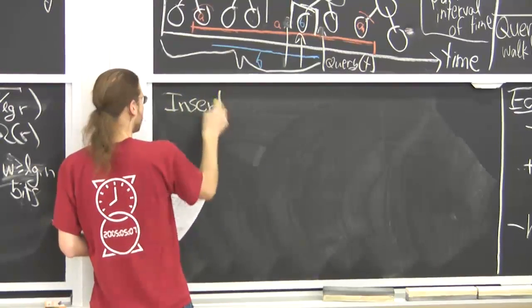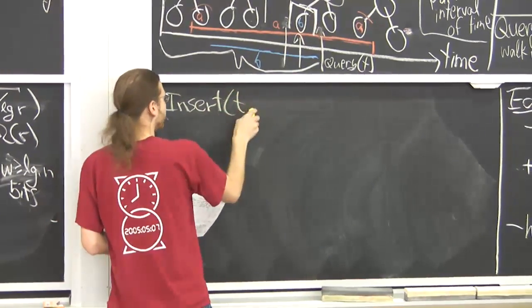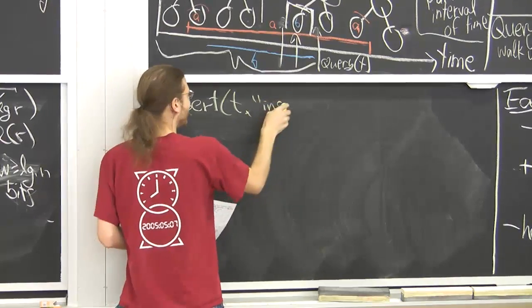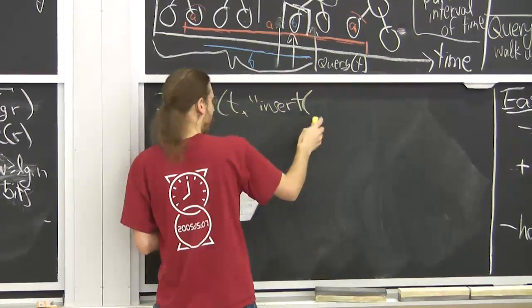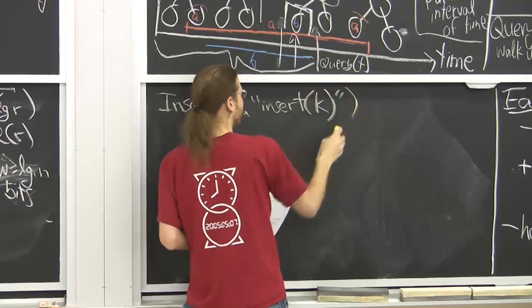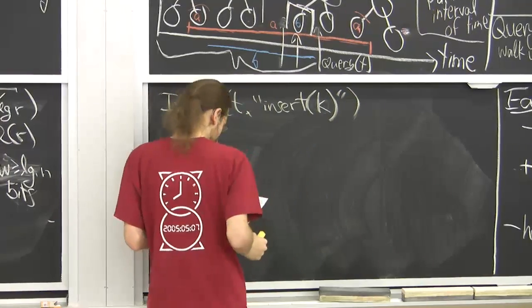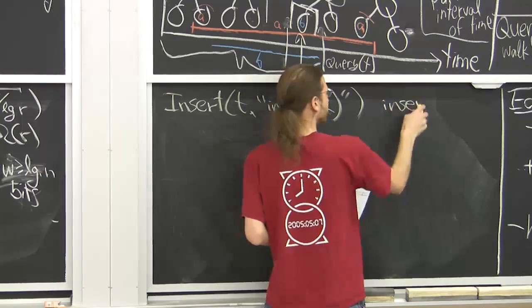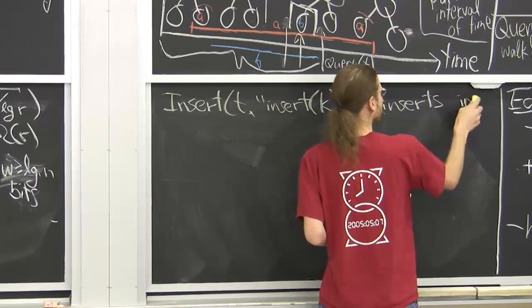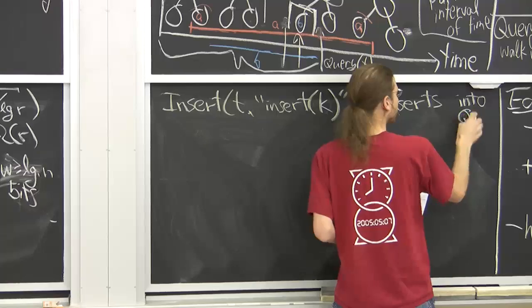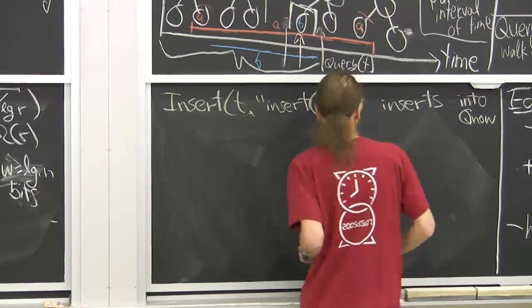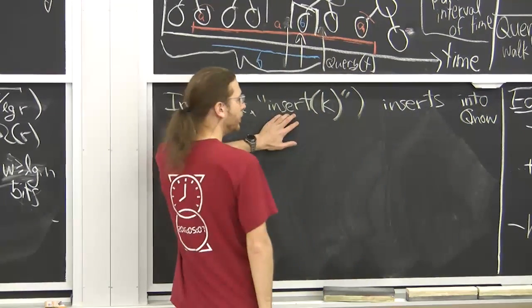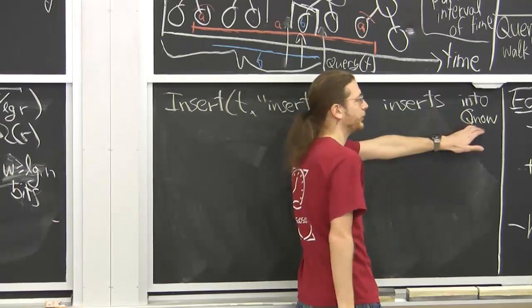So I'm going to focus on the insertion case, inserting an insert operation. I'm going to switch notation and call the keys k instead of x. Doesn't matter. Okay, what I'd like to know is that when I do this insertion, what gets inserted into the final queue?